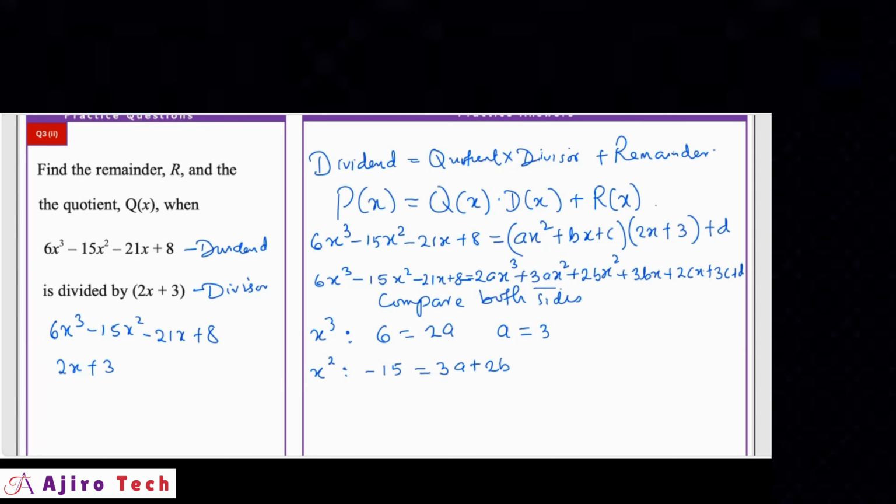Already we know our a is 3, so this is going to be minus 15 equals to 3 times 3, that's 9 plus 2b. So if we take this one to the other side, we have 2b equals to minus 24, then b equals to minus 12.